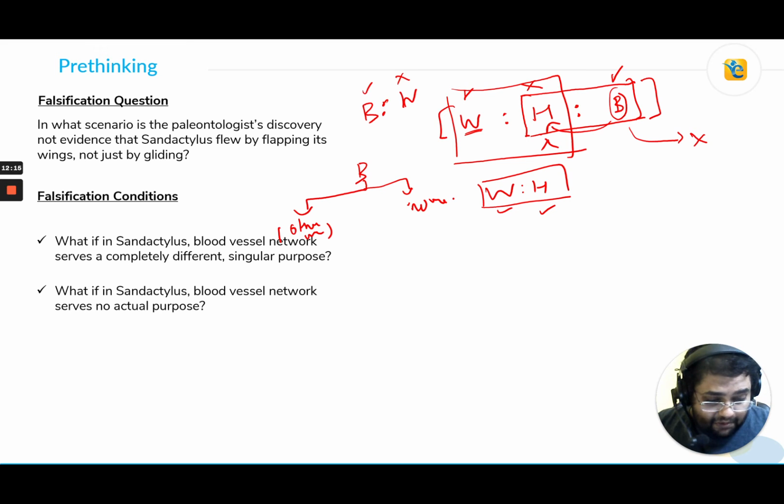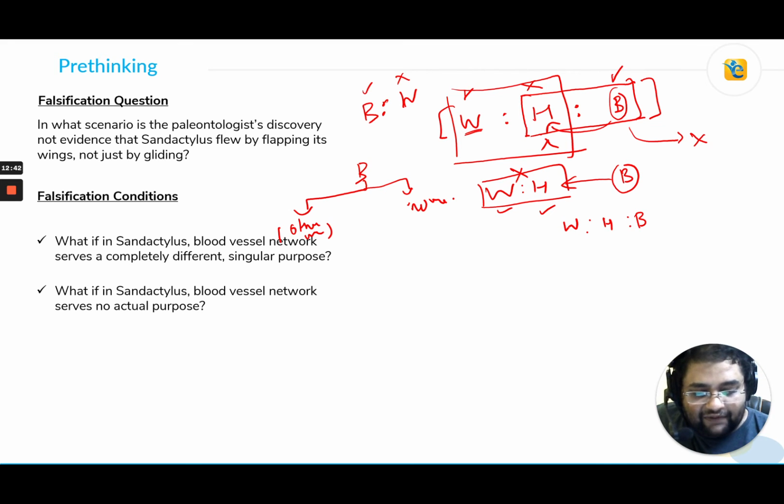Maybe the flapping of the wings does not even lead to heat generation. That could be true. If that is true, yet again this chain is broken. So irrespective of what purpose the blood vessel network serves, maybe it is for heat dissipation, we don't care. Even if it is, this chain is still broken. Why? Because flapping of wings in Sandactylus does not lead to heat generation.